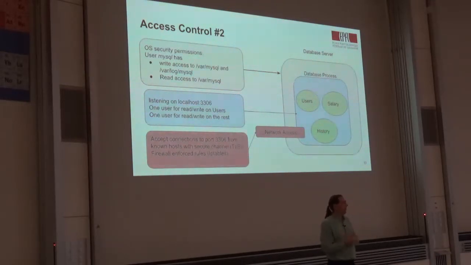But if you care about security, you're probably going to try to use the network firewall and configuration rules to make sure that the database server cannot be accessed directly by someone on the general internet.